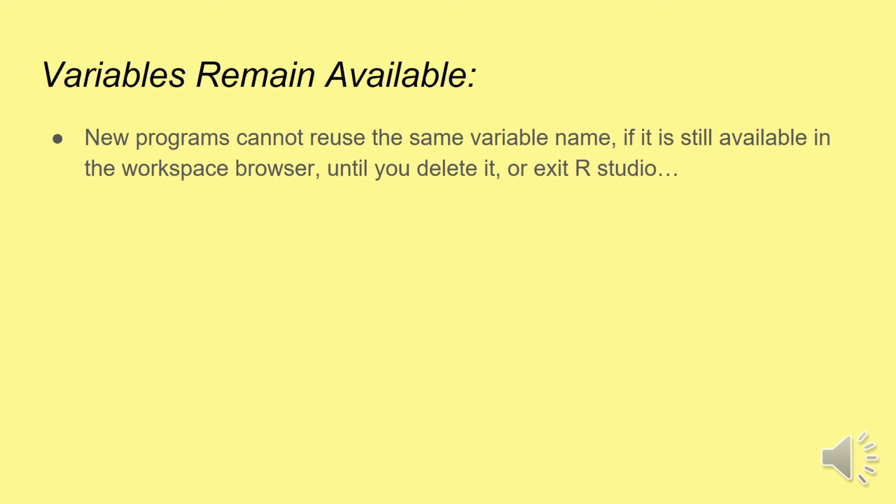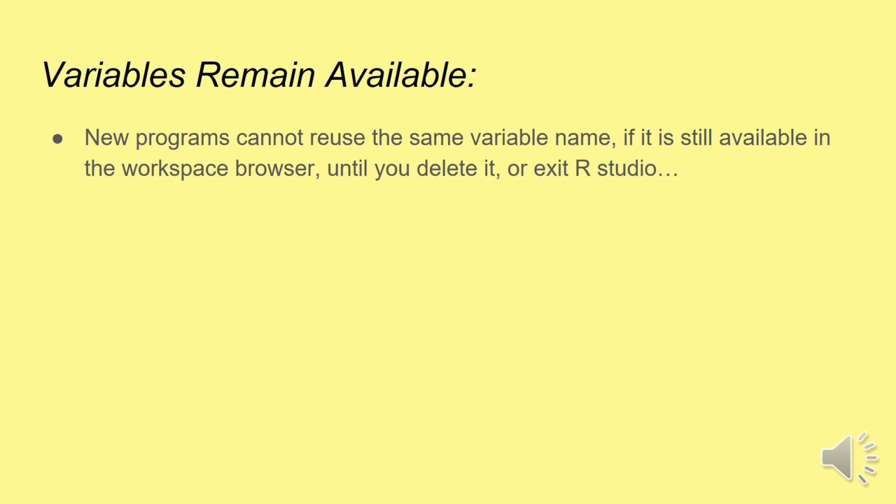And you have in the environment browser a list of all the variables you have available. And later on, as you do more advanced stuff, you'll have a number of programs open, and the programs can share variables. What this means is you can't name a variable the same across two programs that are open at the same time.